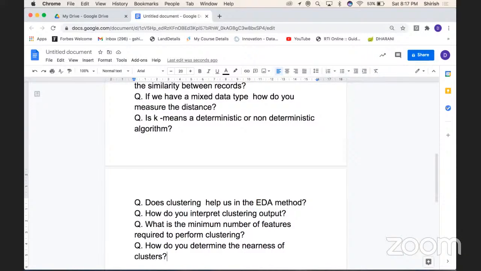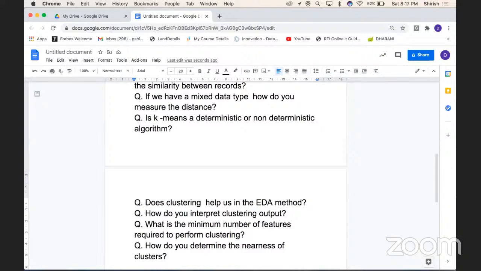Remember, the distance calculation between the two clusters is also possible. The distance between the two clusters is what you measure. You have many methods, right? You have linkages. You call it the concept of linkage. You can go for single linkage, complete linkage, average linkage, and centroid linkage.